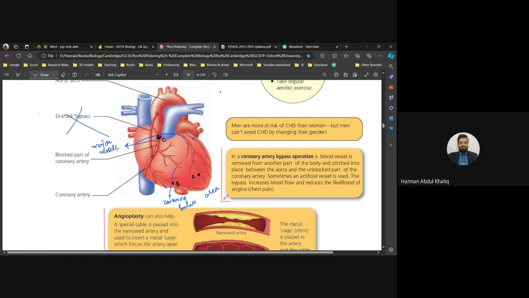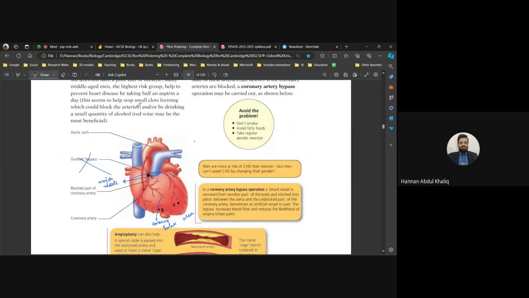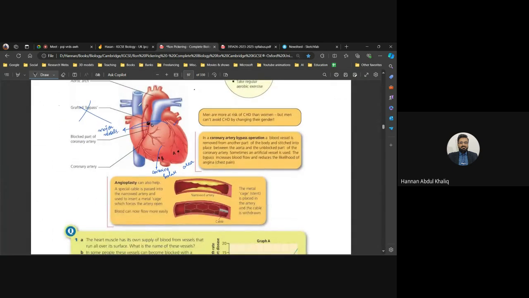So that is why a person has to take care of everything when it comes to the first heart attack. And remember that the blocking at C is simply life threatening. That is why some people simply die after the first heart attack.